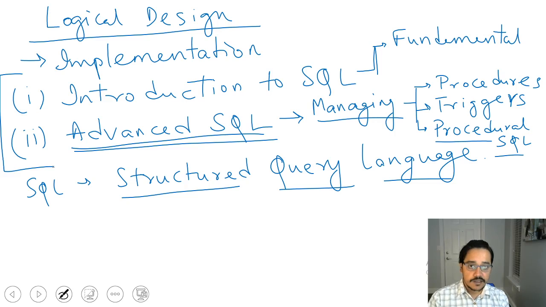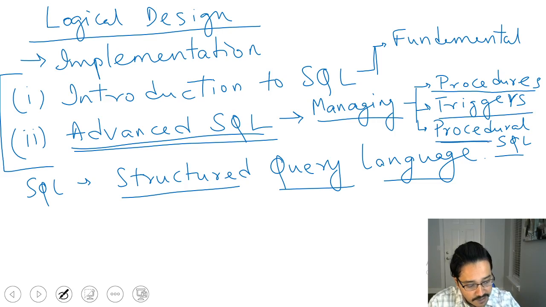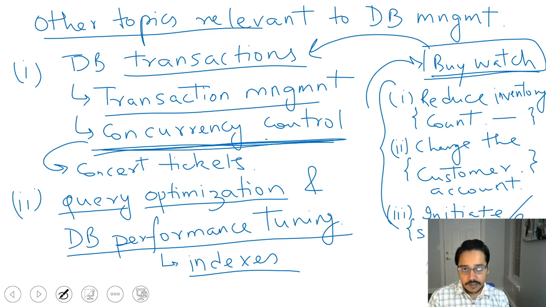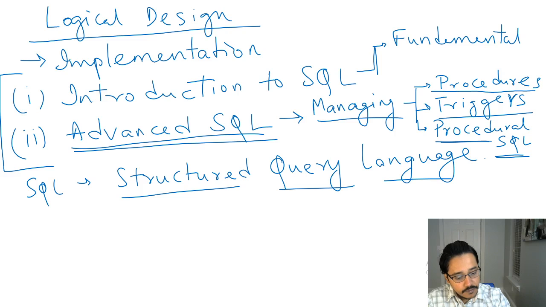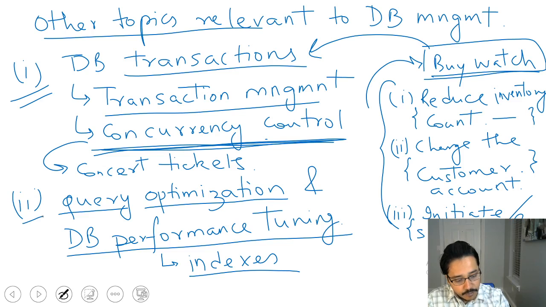For management, Advanced SQL also has certain topics like how to write stored procedures, MySQL triggers, and learning a bit about procedural SQL as well. And then finally, we are going to cover some other relevant topics in the form of these 2 chapters, which are to learn about database transactions, and then how to perform query optimization and database performance tuning from a software perspective.